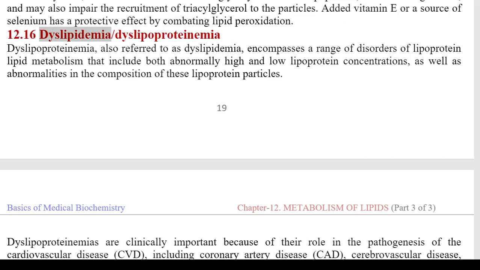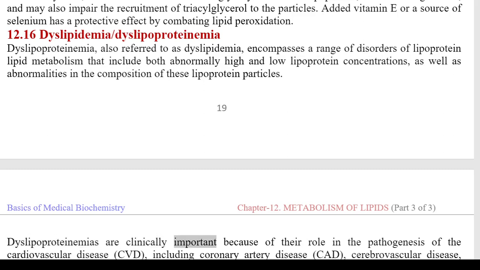12.16 Dyslipidemia/dyslipoproteinemia. Dyslipoproteinemia, also referred to as dyslipidemia, encompasses a range of disorders of lipoprotein lipid metabolism that include both abnormally high and low lipoprotein concentrations, as well as abnormalities in the composition of these lipoprotein particles.